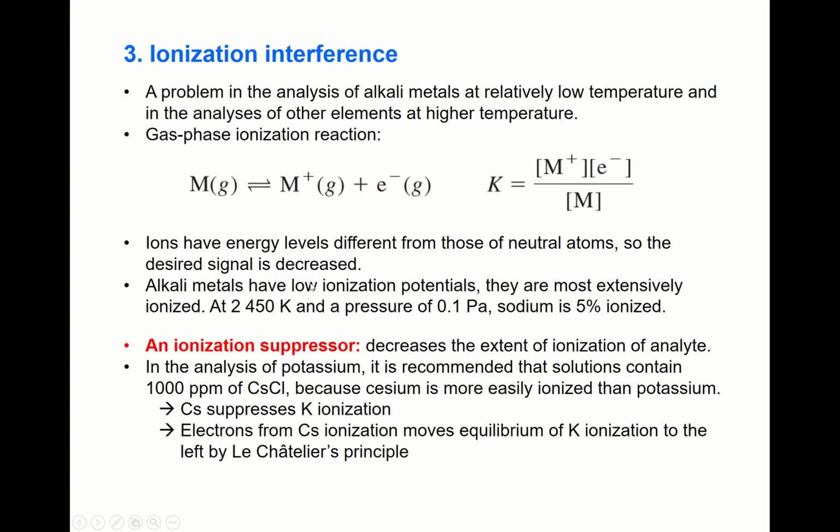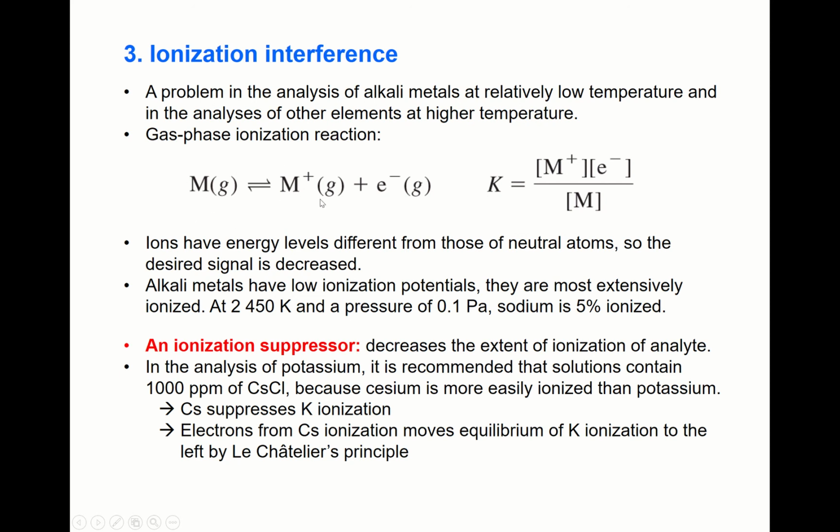So although we get some very strong spectral peak, we are not sure whether that peak is from the metal atom or from the metal ion, because one species has many atomic emission spectral lines. So it is important to be sure that the elements are atomized, not ionized.